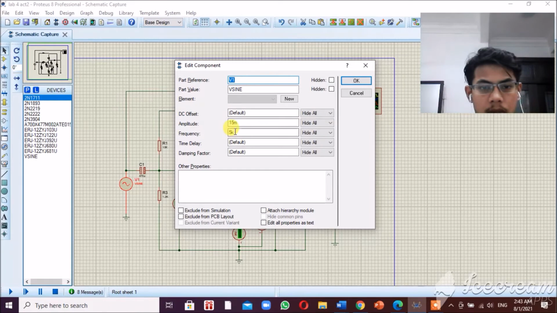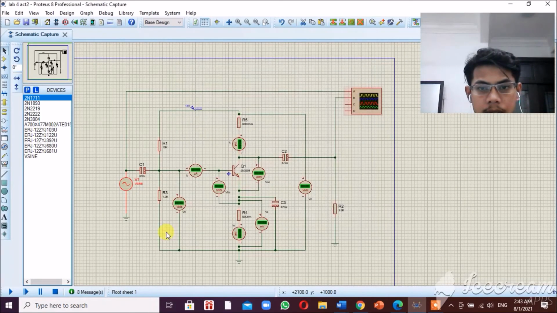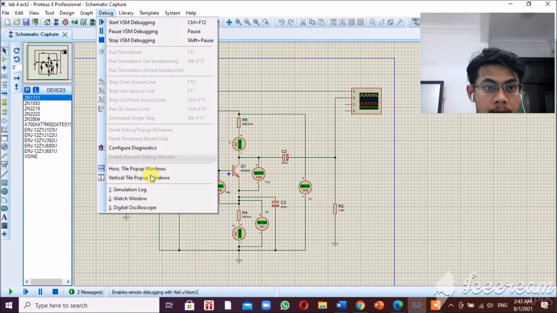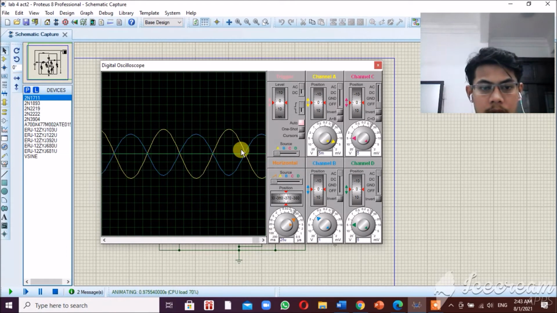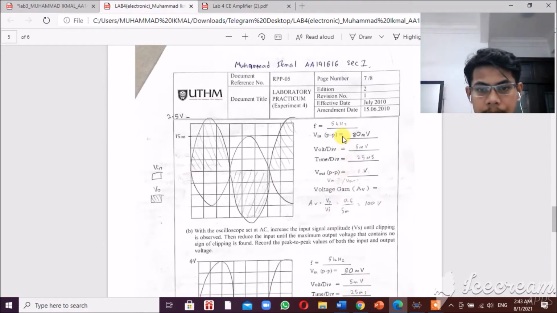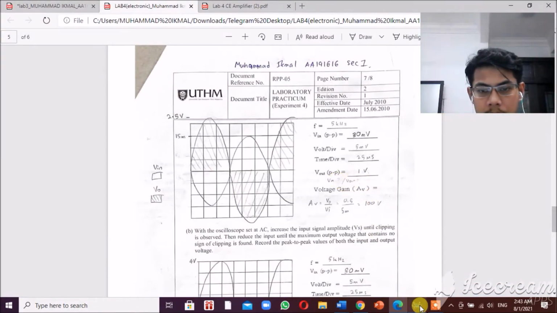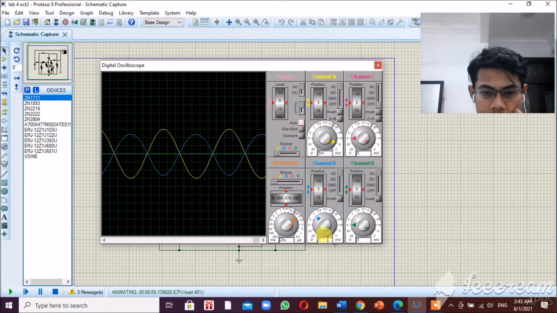So the frequency I use is 5 kilohertz. And the result I got is like this. My voltage divider is 5 millivolt here, and my V out peak to peak is 1 volt here.